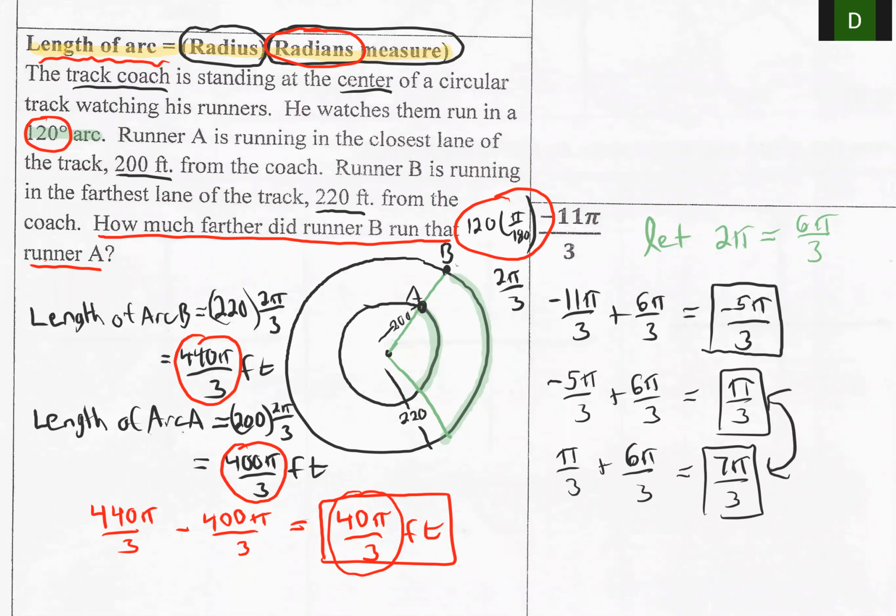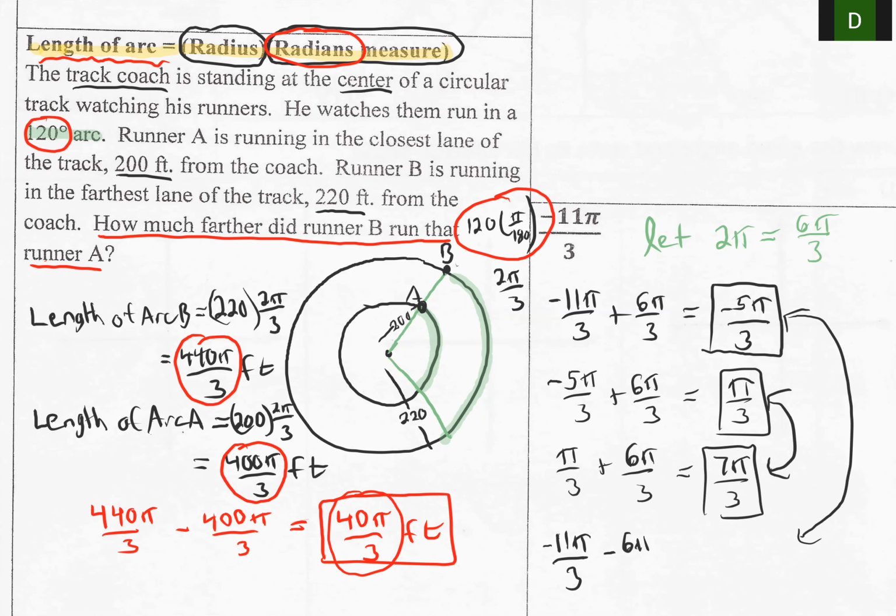I need to find one more negative because it asks for 2 negatives and 2 positives. Actually, I'm going to take negative 11 pi over 3, what I started with, and subtract 6 pi over 3 from that one.